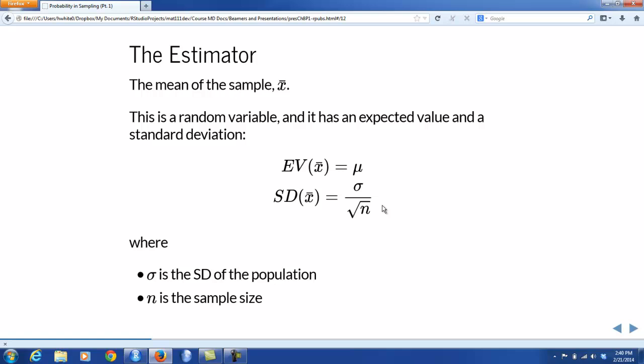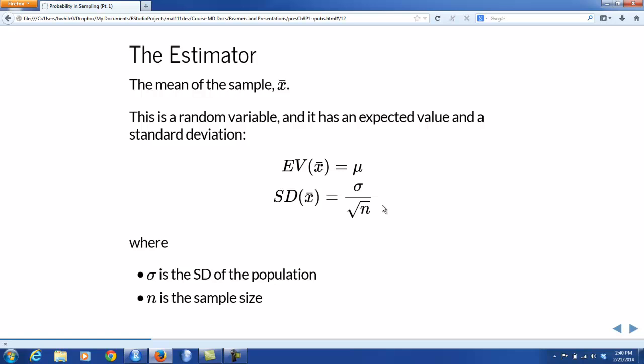Notice that the square root of the sample size is in the denominator of the formula for standard deviation. The bigger the sample size, the bigger the square root of n will be, and therefore the smaller the standard deviation. This means that at large sample sizes, we could expect x bar to be closer to mu.